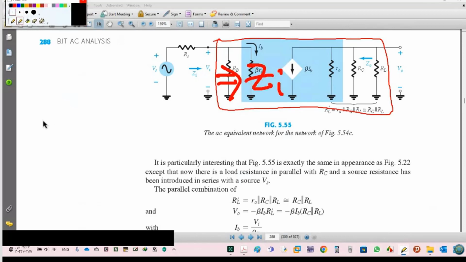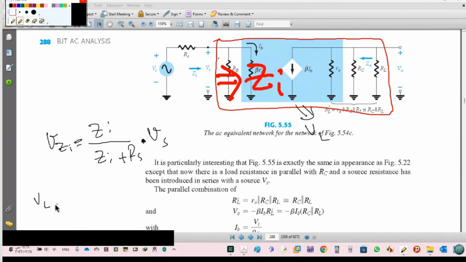So we can write VZI, or VI, equals ZI over ZI plus RS, a voltage divider, multiplied by VS. So VI, this is called V load, equals ZI over ZI plus RS times VS.